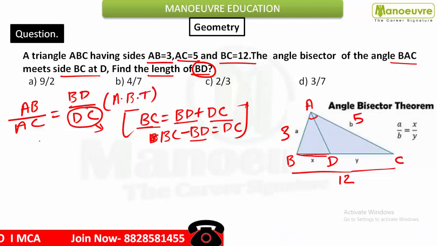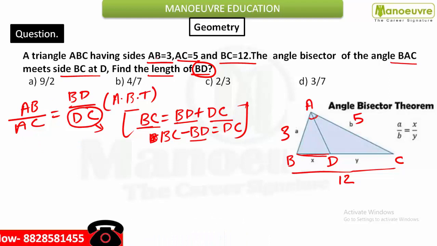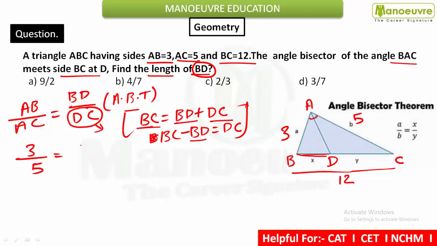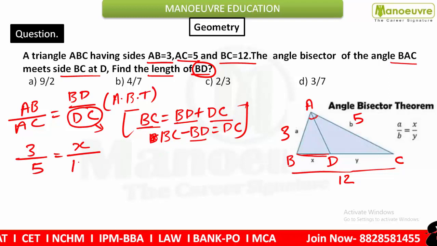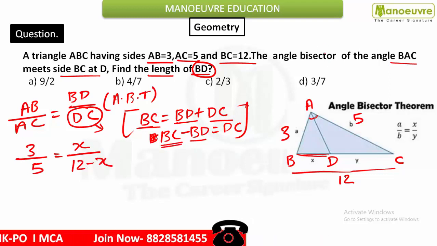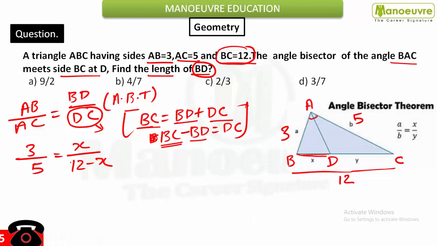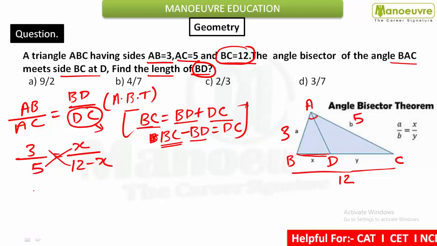Okay, now I am putting in the values. So I can write at the place of AB 3, AC 5, and here BD you have to find, so I'm writing X, and here I can write 12 minus X because here you have the value of BC, that is 12. So now if you do cross multiplication, because equal to is in between, 12 3s are 36, and 3x is equal to 5x.